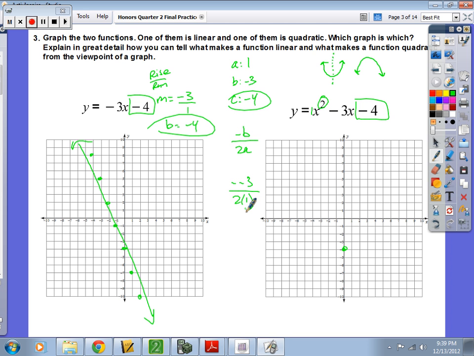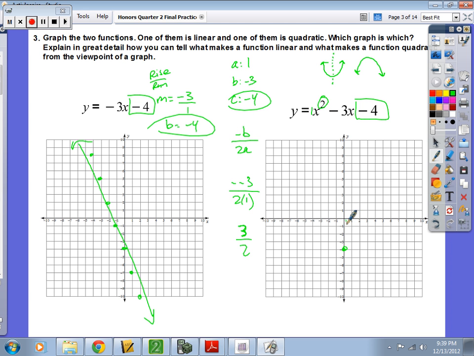So what is that? Positive 3/2. Okay, 3/2, it's a fraction, but it's not too bad. 3/2 is going to be between 1 and 2.